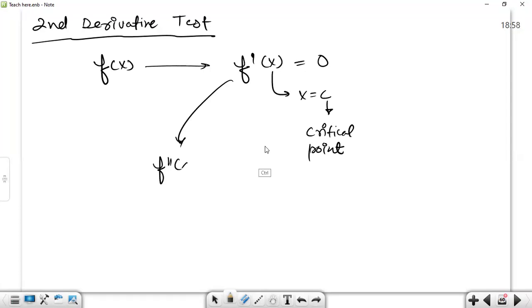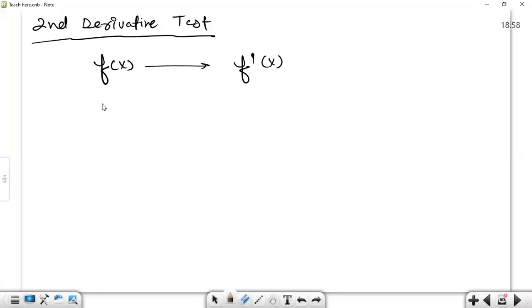Let me rewrite and restructure it in a better way. Your first step, if you have some function, would be to differentiate it. The second step would be to equate f dash of x to 0, and there will be some x values, which will be known as critical points. They can be more than one also.